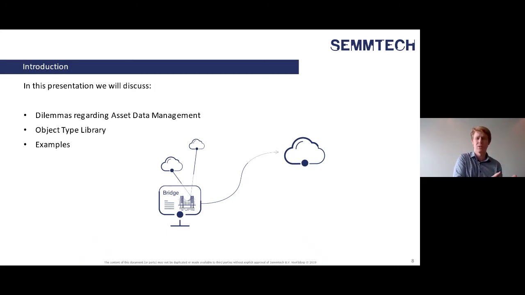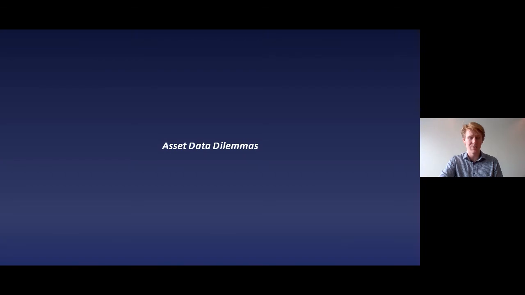So we will be discussing, as I showed in the agenda, what the dilemmas are with regards to asset data management, what object type libraries are, and we'll be dealing with a few examples as well. So without further ado, let's dive into the asset data dilemmas that we at Semmtech have identified within the industry.